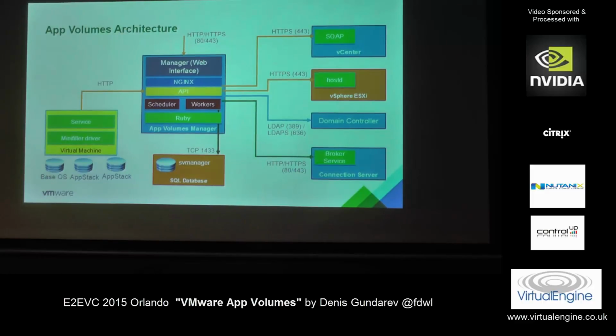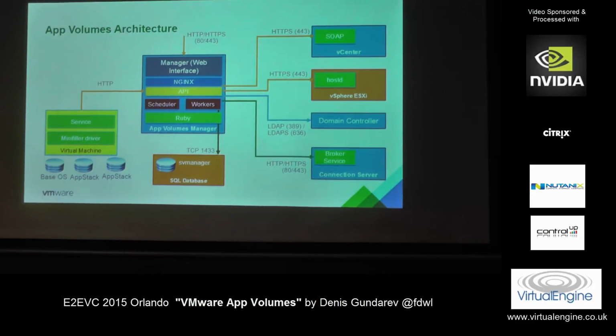The service is also performing additional tasks such as registering fonts for your application, or running some pre-startup, pre-logon scripts. And I will talk about scripts in one of the next slides.